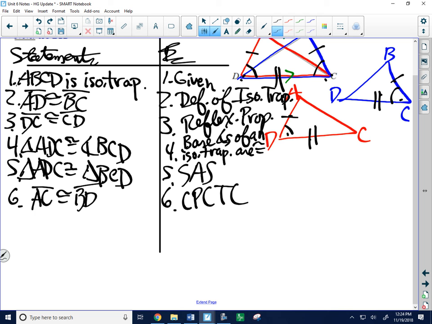So if you look at the rectangle one we did, steps 5 and 6 are the same. Of course, 1 is given. Step 3 is the same. We do a shared side. The side ones here are congruent in a rectangle because opposite sides are congruent. So this one's slightly different.